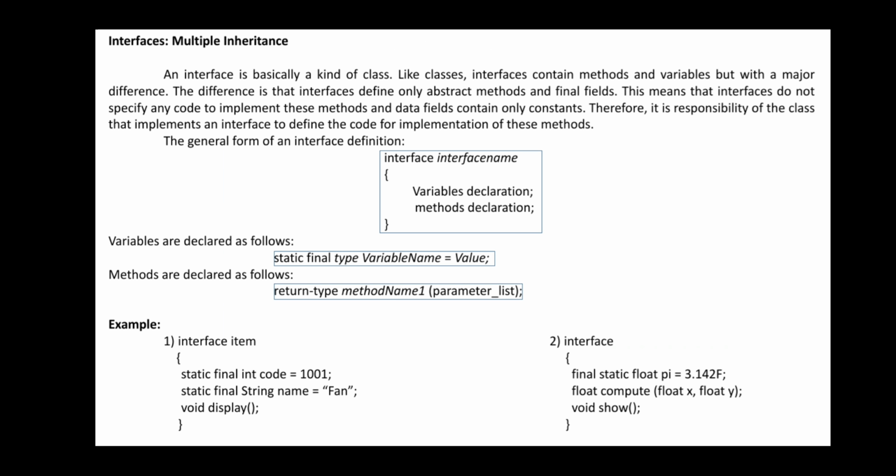An interface is basically a kind of a class. How? A class contains defined methods as well as variables, and an interface contains some methods as well as variables, but with a major difference. The way you define a class, the same way we define the interface also, but with a small difference. The difference is that an interface defines only abstract methods and final fields.